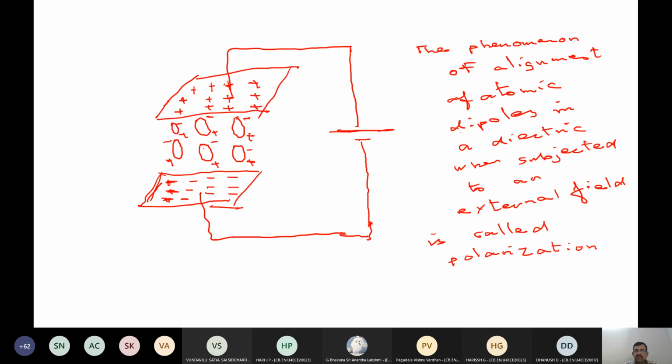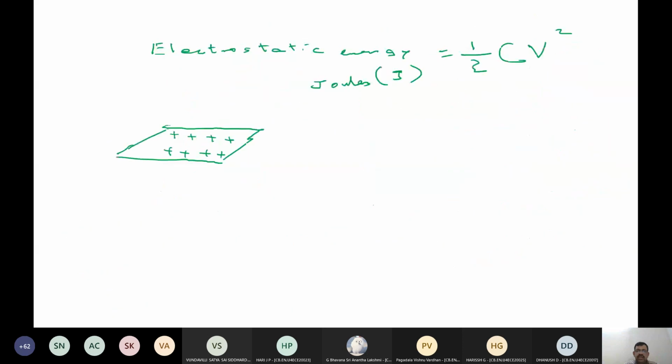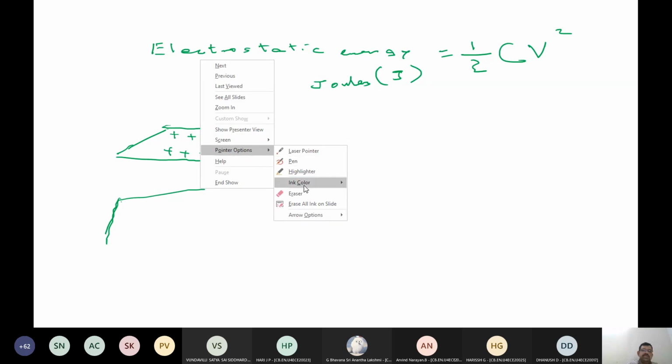Yes, sir. Aravind Narayanan, is that clear? Yes, sir. When do you think the capacitor is fully charged?